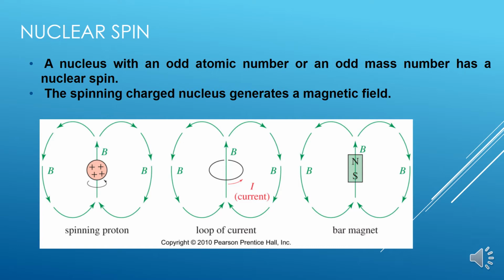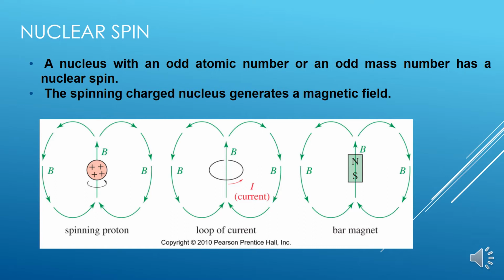This could be observed in spinning protons only. Spinning protons, spinning charged nuclei, generate a magnetic field like bar magnets. Okay, remember.